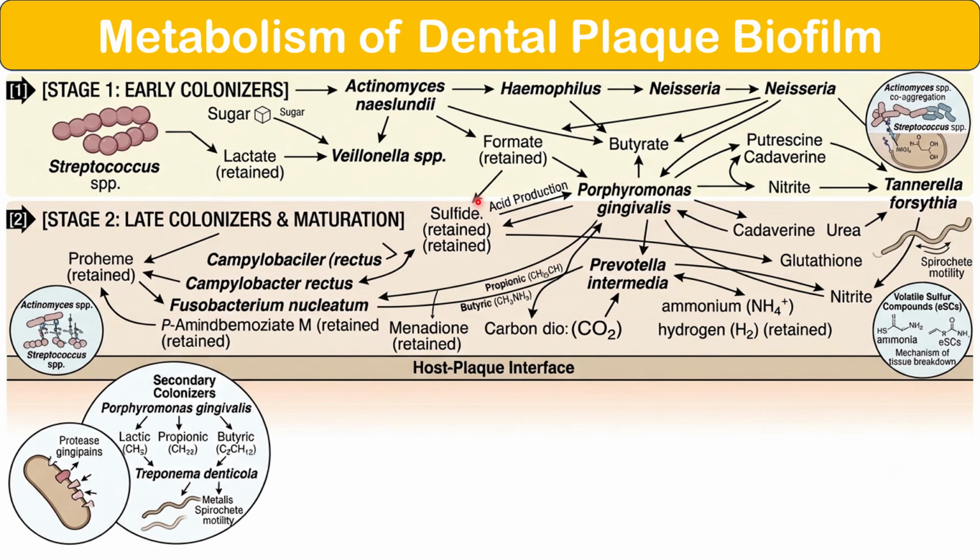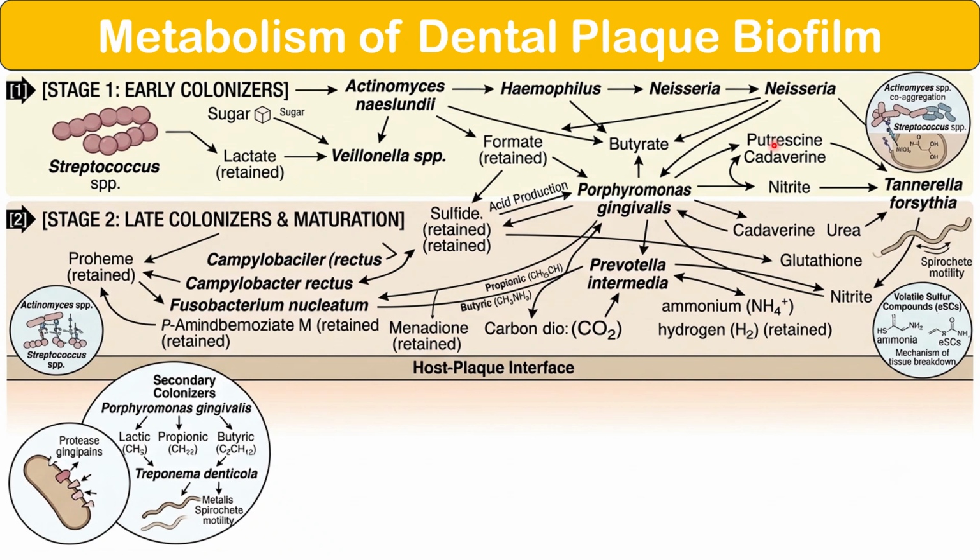As the plaque matures, the late colonizers such as Porphyromonas gingivalis, P. intermedia, Fusobacterium nucleatum and Treponema denticola utilize these metabolic products and break down the proteins from the GCF. This results in the production of substances such as butyrate, ammonia, hydrogen sulfide, cadaverine, and putrescine.